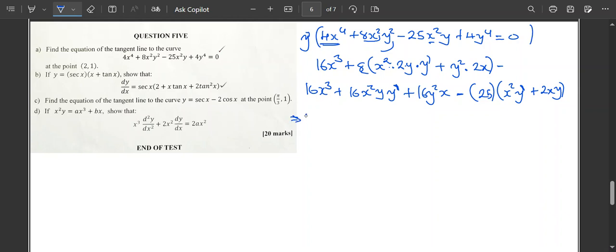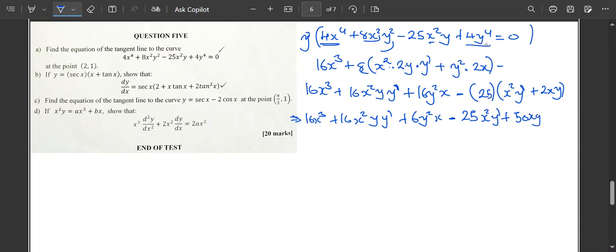So now this is 16 x to the power 3, again plus 16 x squared y prime, then plus 16 y squared x. Then you multiply throughout, that will be minus 25 x squared y prime, then plus again 25, now that will be 50x.